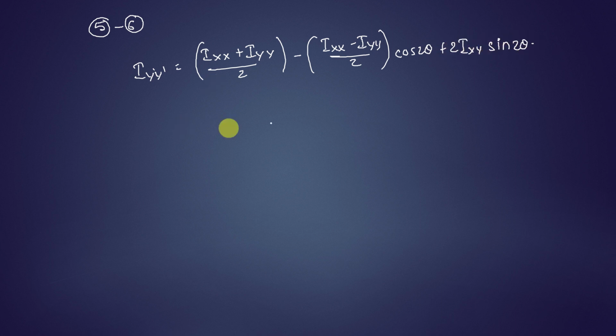Everything is given very clearly step by step in the notes. The notes link is given in the description, please download that. Take it as equation number 8. So we got the Iy'y' value.